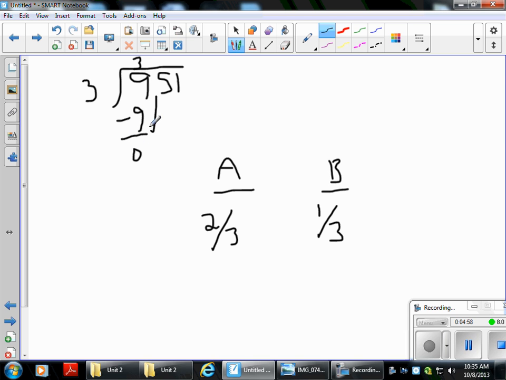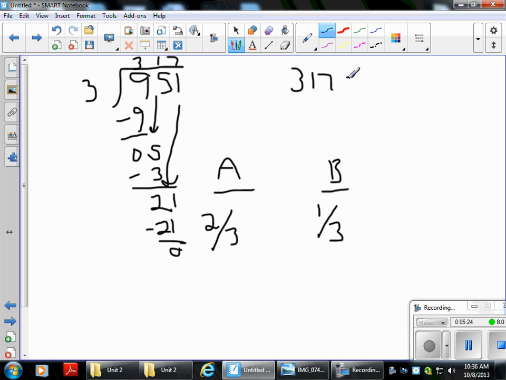Bring down this 5. 3 goes into 5 once. 3 times 1 is 3. 2. Excuse my messy handwriting. 3 goes into 21 7 times. 21, 0. So 317 would equal 1/3.